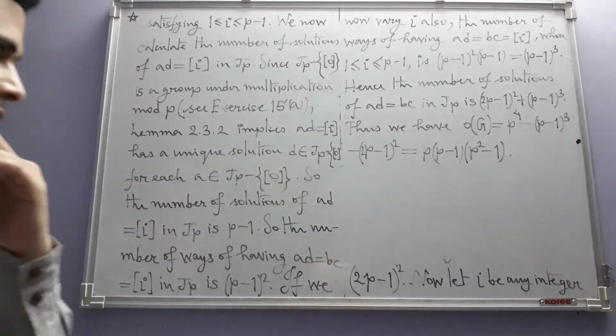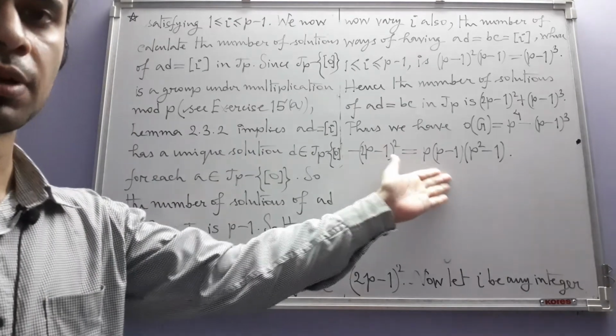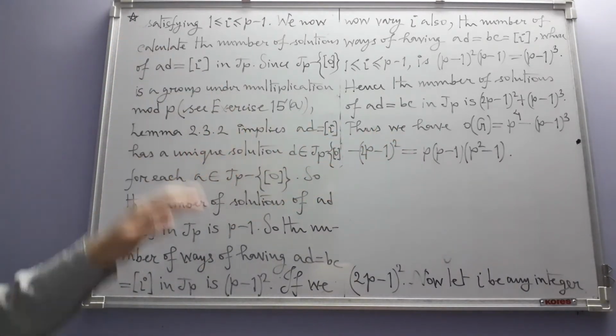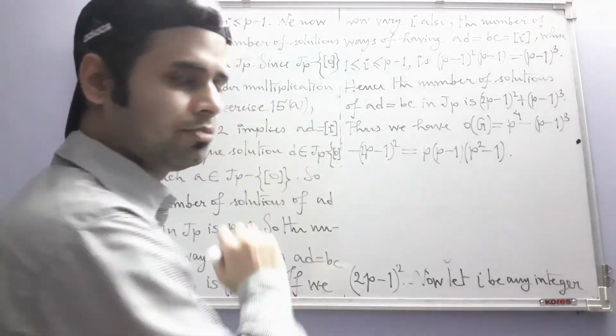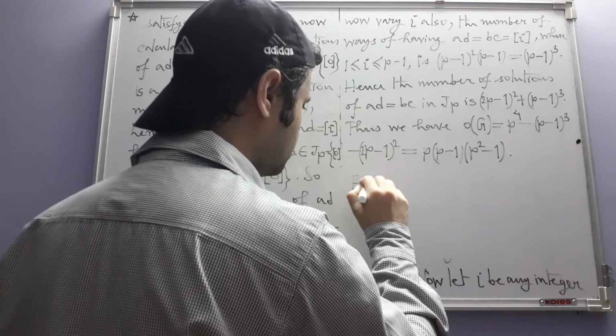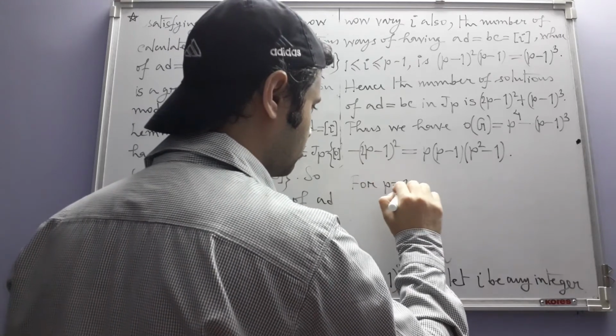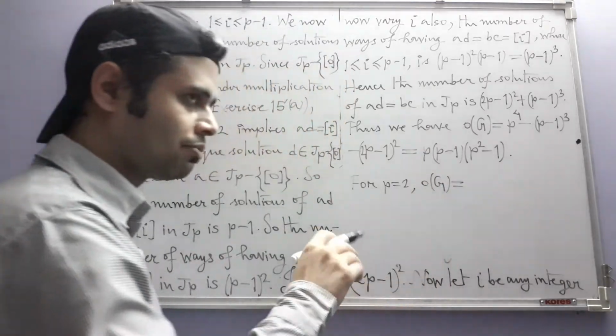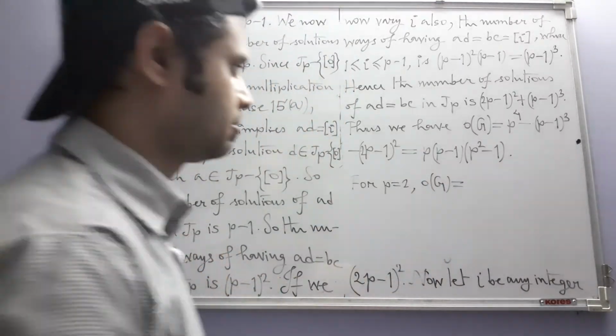Now let us verify this formula for the two small cases that we had. What happens when we have p equal to 2? For p equal to 2, order of G, so that we can know what we have found is the correct one.